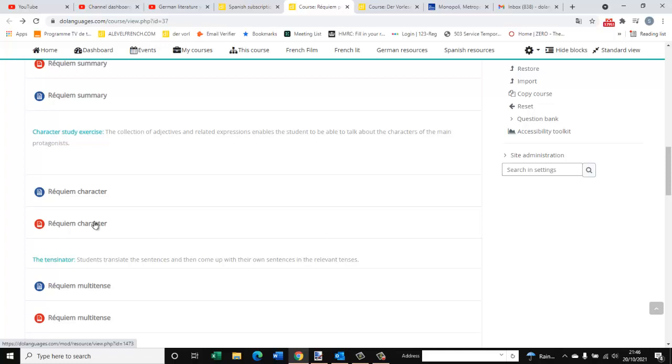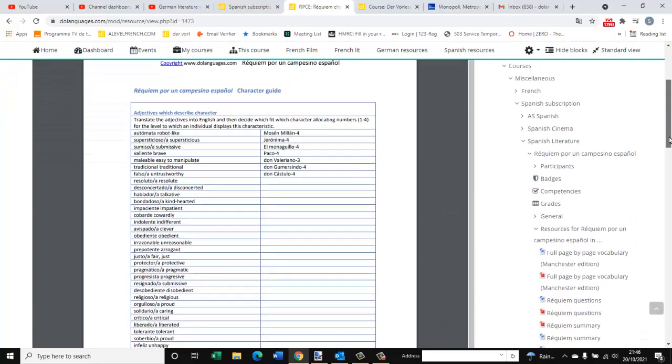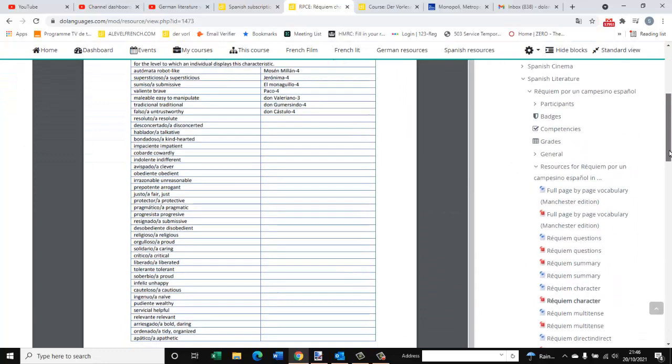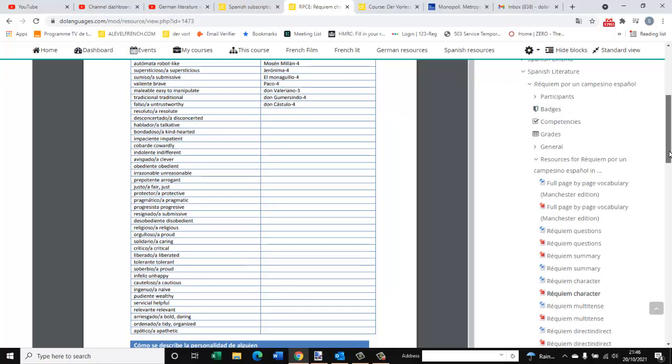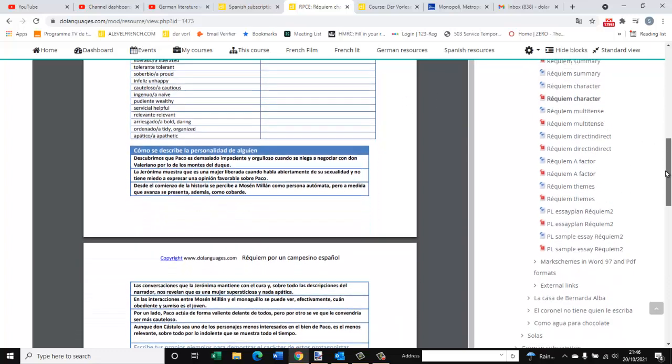And talking about character is very important. It's one of the favourite essay titles, comparing two characters, that kind of thing. And so a thinking skills type of activity here can easily get some good discussion going about to what extent someone is falso, resoluto, or whatever on a scale of 1 to 4, and having to give the reasons for that, because obviously reasoning is all part of analysis.